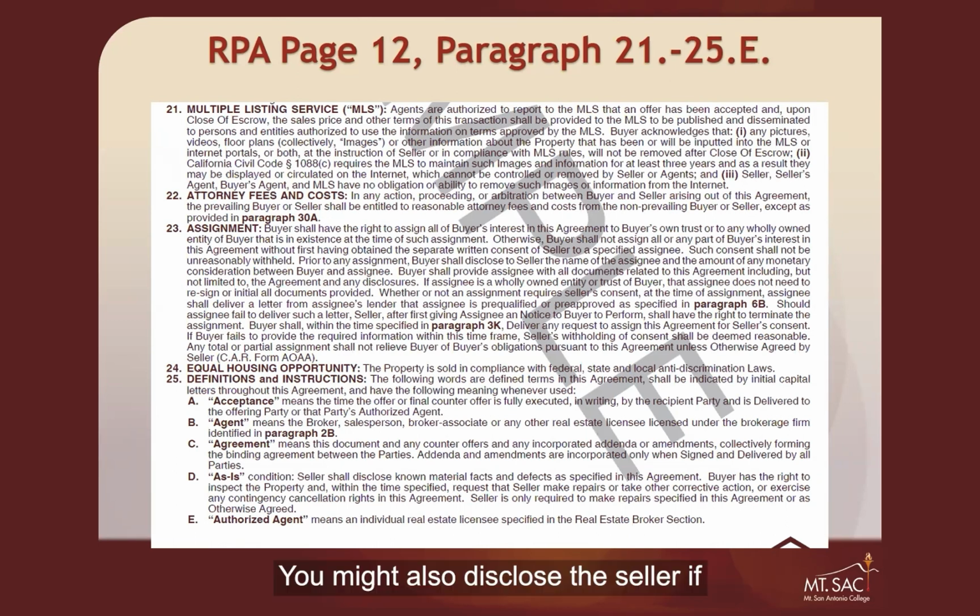You might also disclose to the seller if they're getting any money for that assignment. Seller's refusal will not be unreasonably denied. Okay, so that's how the assignment works. Paragraph 24, fair housing, we will comply with all fair housing laws. And then we'll get into paragraph 25 in a second.